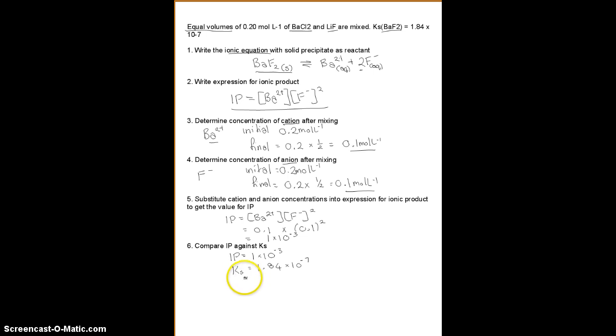We now know that IP is greater than Ksp, therefore a precipitate will form. So that was a tutorial on how to determine if a precipitate will form when two solutions are mixed.